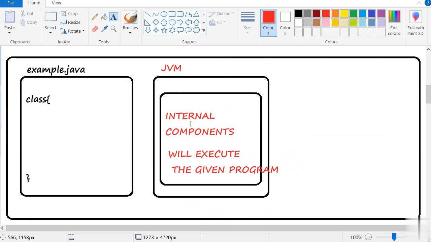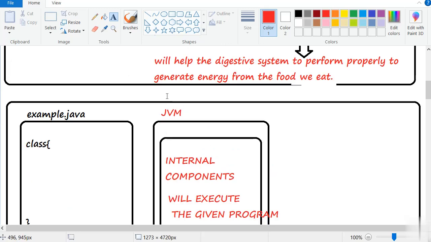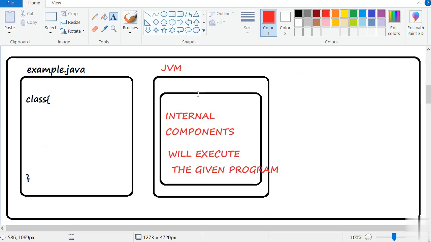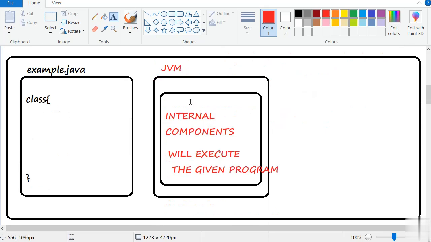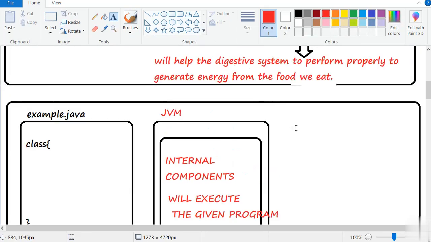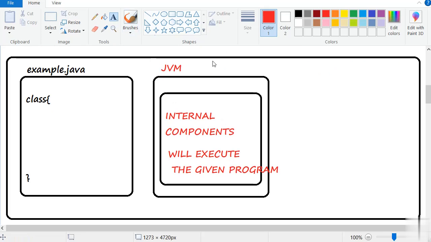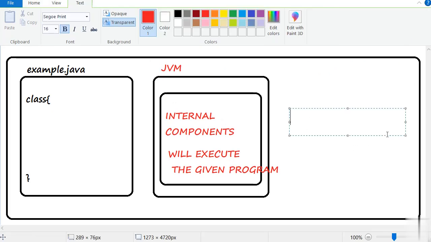Here, the internal components help execute the given program to generate output. Here it is energy if you see it with the human body; with JVM, it is to generate output.